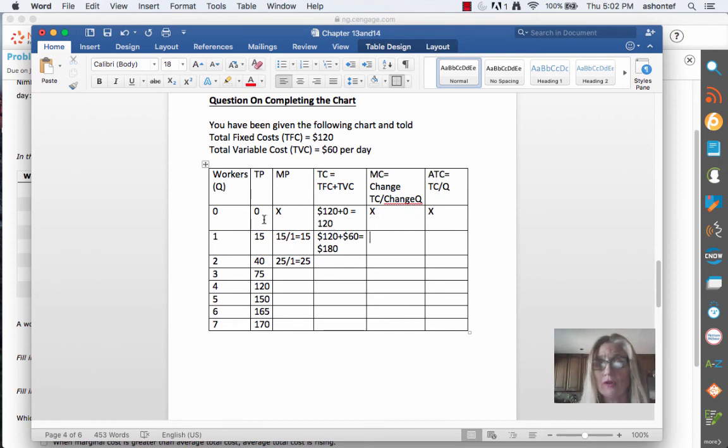From output of 0 to 15, our costs went from 120 to 180, so this would be 60, divided by the change in our output, which would be 15.